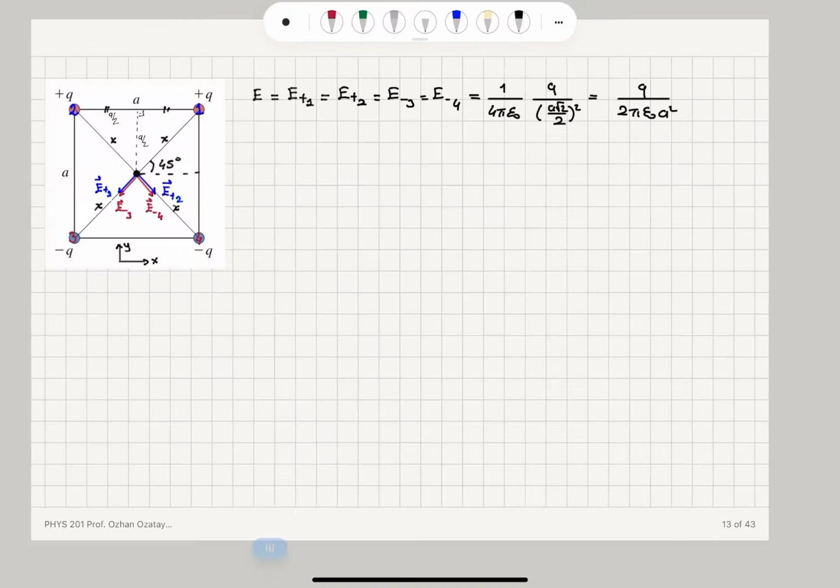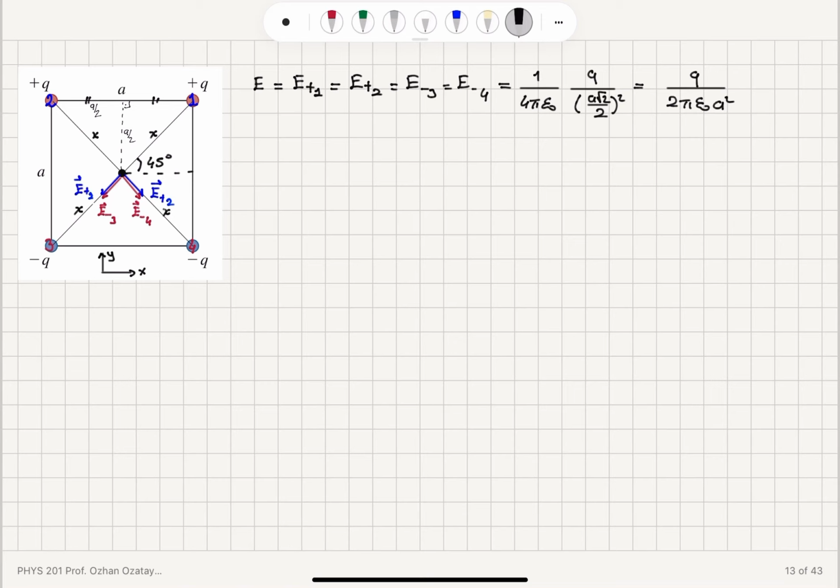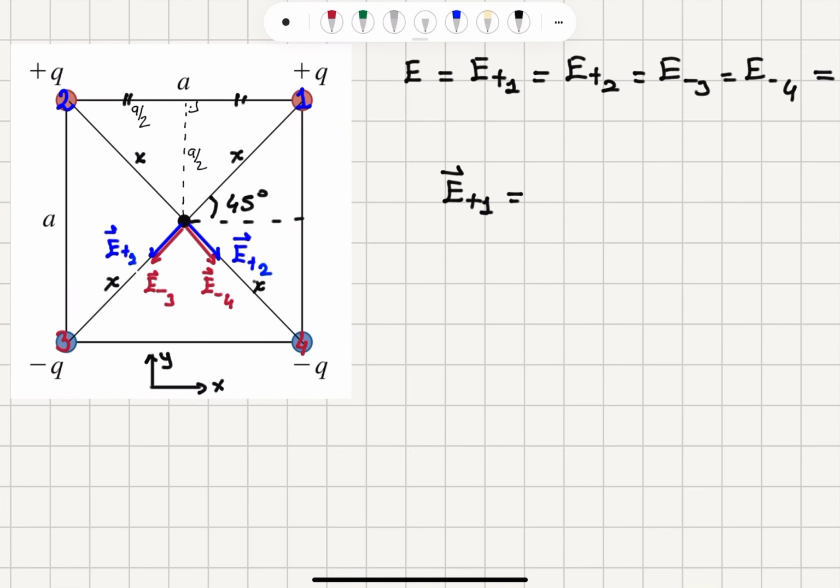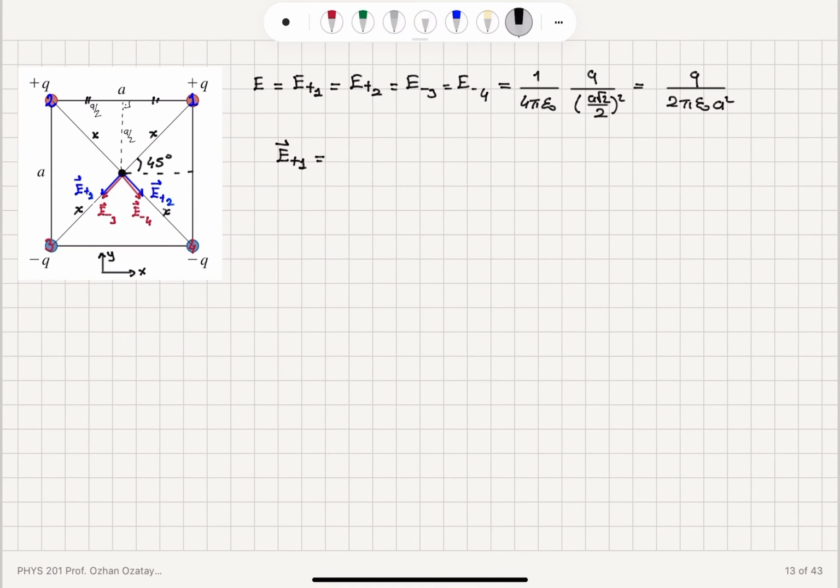All right, now what is the electric field due to the first positive charge, E plus 1? So E plus 1, you can see here, is pointing in this direction. So we're going to consider cosine 45 in the minus i hat direction. So minus E cosine 45 i hat.